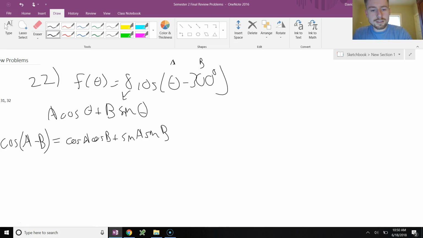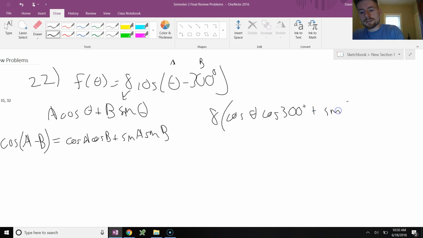identity, and that tells us that we have 8 times cosine of theta cosine of 300 degrees. That 8 is multiplying everything, so plus sine of theta sine of 300 degrees. Okay, and now we just think about what's cosine of 300, what's sine of 300.